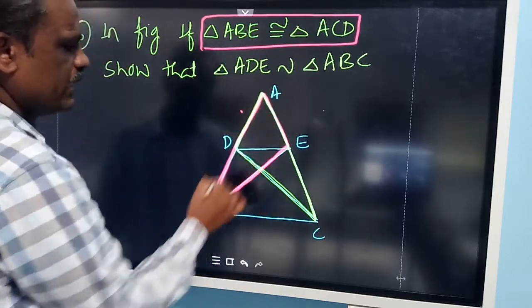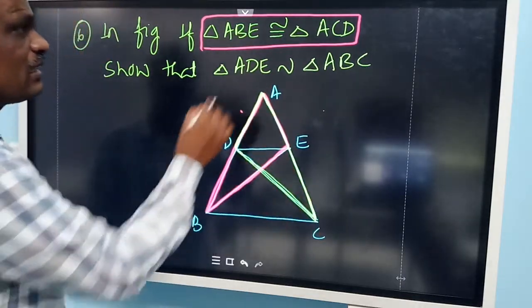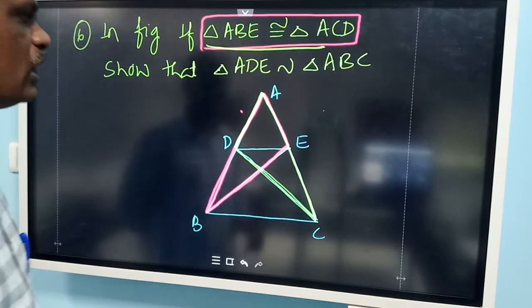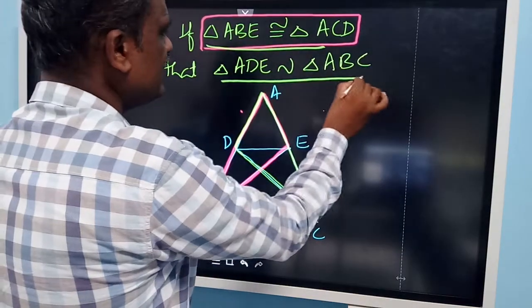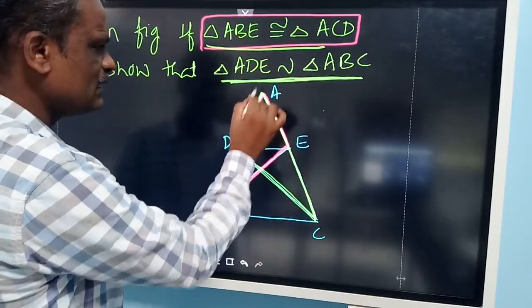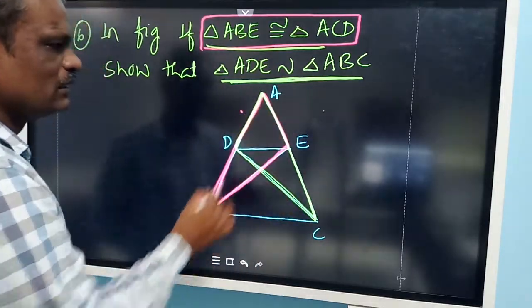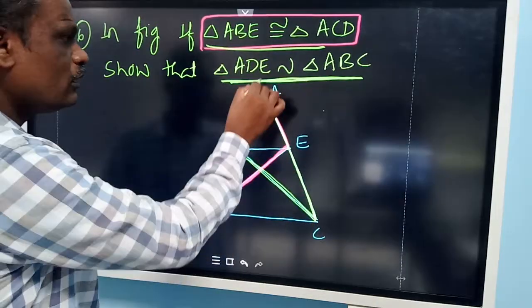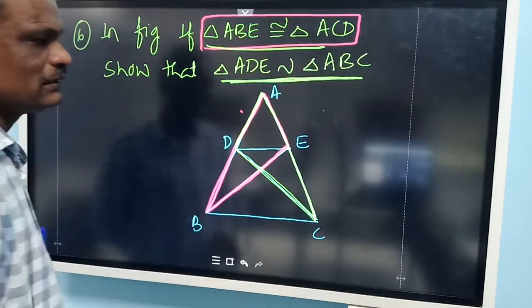Congruent means all the parts are equal. You have to show that ADE is similar to ABC, this small triangle similar to ABC. Given these two triangles are congruent, you have to prove that ADE is similar to ABC.